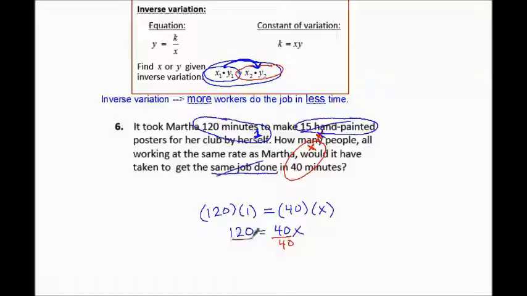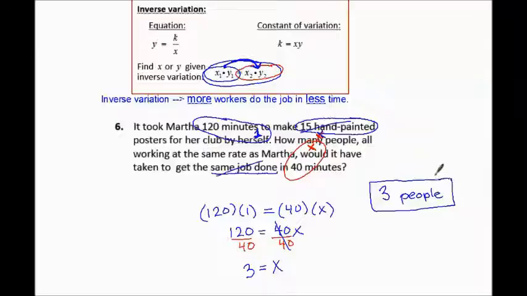Divide by 40 both sides. And this cancels out, and x is going to be equal to 3. So how many people would it take? 3 people. Okay? So this could be presented to you as one of those free response problems where you have to type in the number 3 in the box.